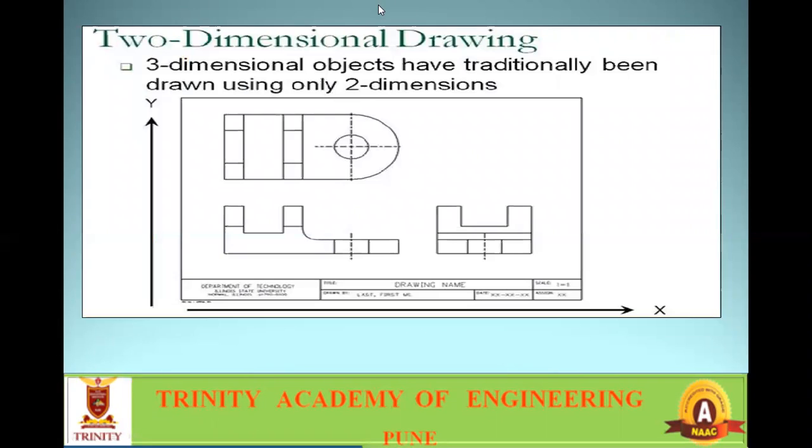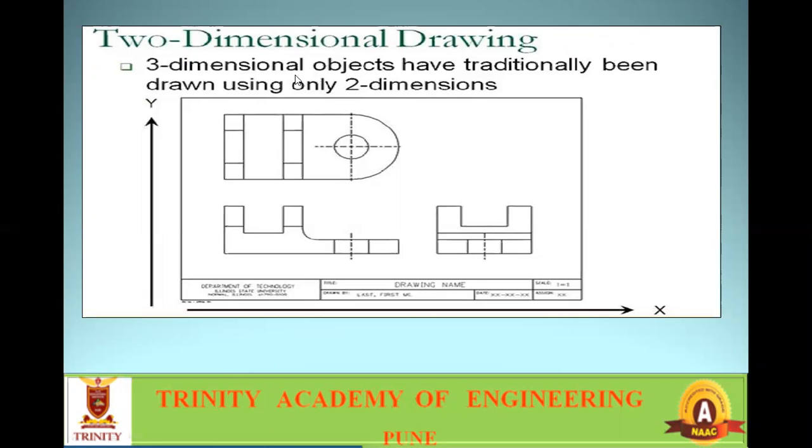That is two-dimensional drawing. Three-dimensional objects have traditionally been drawn using two dimensions. As I explained in the last lecture, there are three dimensions. Every object in the universe has three dimensions, but we have drawn only two dimensions on the sheets. In first year you learned engineering graphics 1 and 2, in which you drew only sheets.